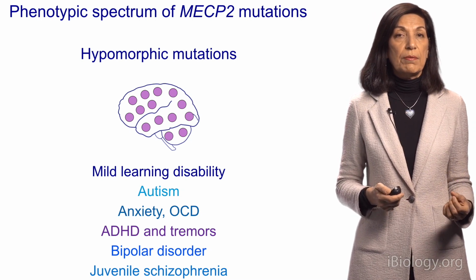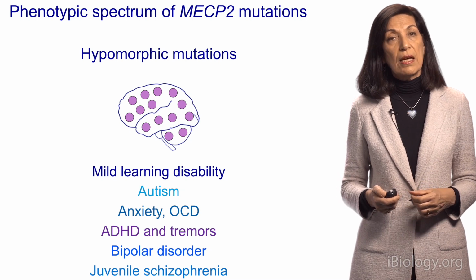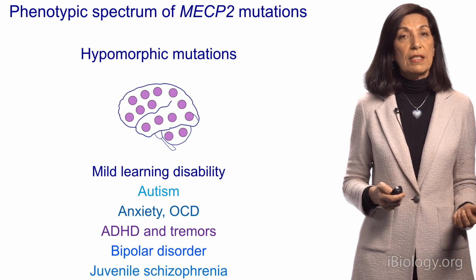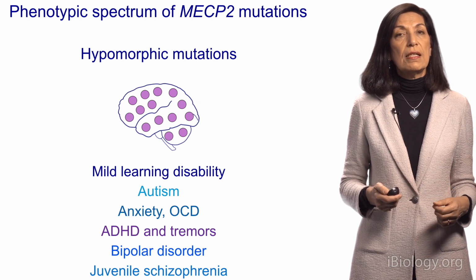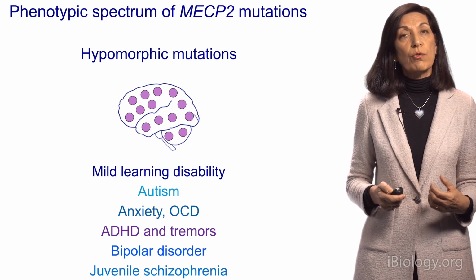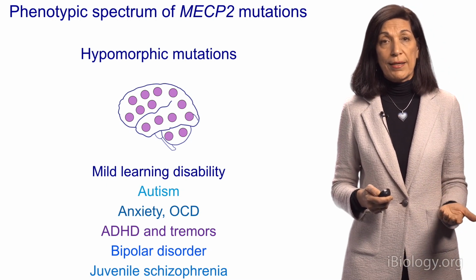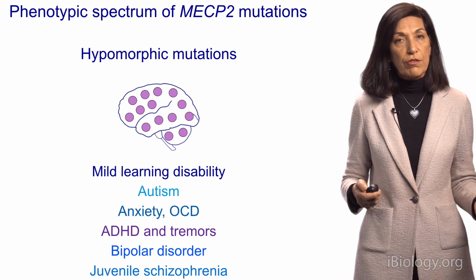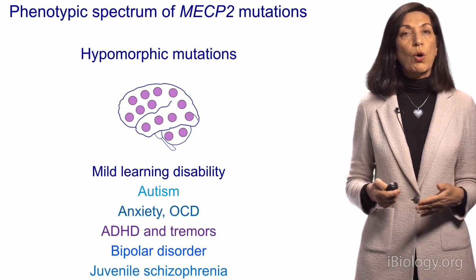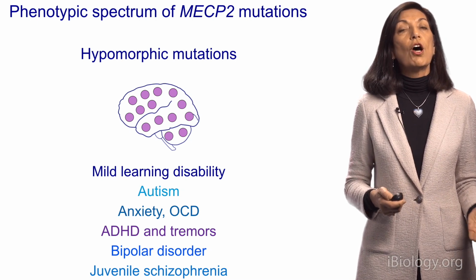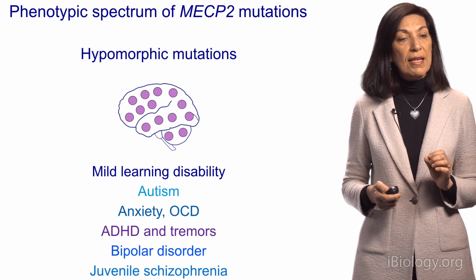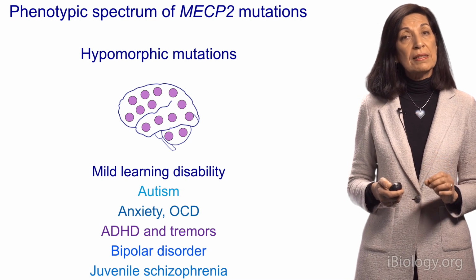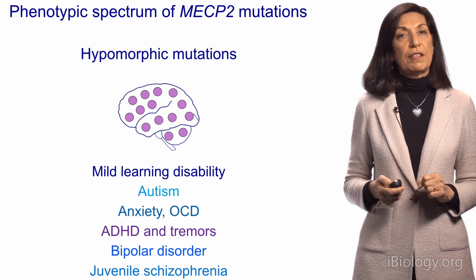Another may have learning disability and anxiety and OCD. A third one may have hyperactivity and tremors and learning difficulty. Others have presented with bipolar disease as well as early onset schizophrenia. So now you've got a range from learning disabilities all the way to psychiatric diseases, all due to mutations in the same gene, but it all depends on the severity of the mutation.